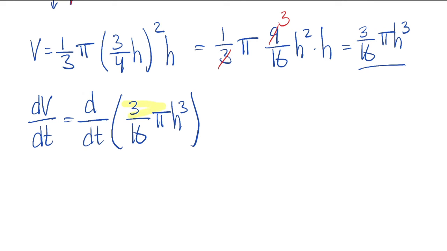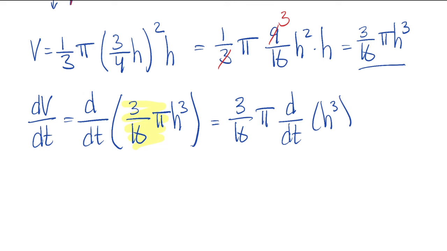Now 3 over 16 pi is just a constant, so we can pull it outside of the derivative. So we're going to get 3 over 16 pi, and then the derivative with respect to time of h cubed.